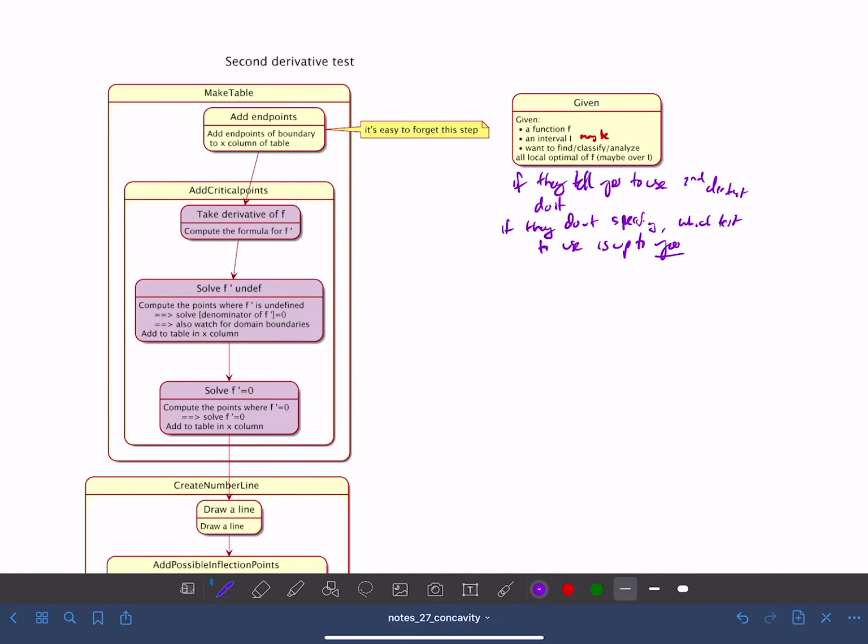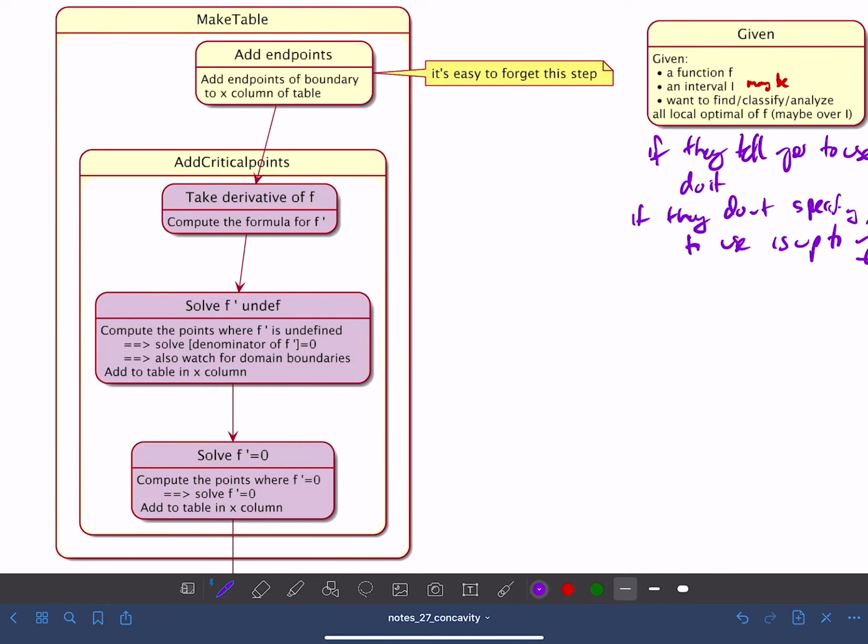So the first thing we're going to do when we're actually doing this, I like constructing a table. This is going to be a table of x's and classifications. So I'm going to have x, and then we'll have its classification. I'm going to add my endpoints, a and b, if given.